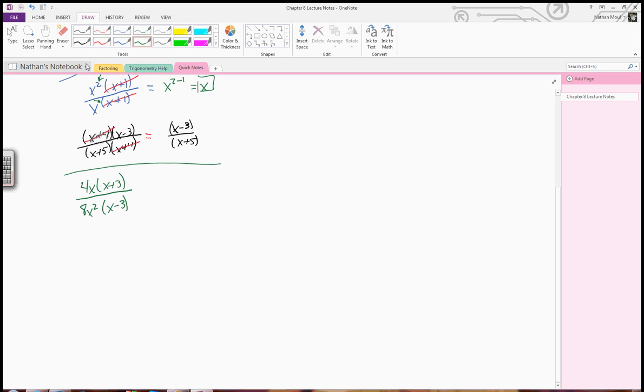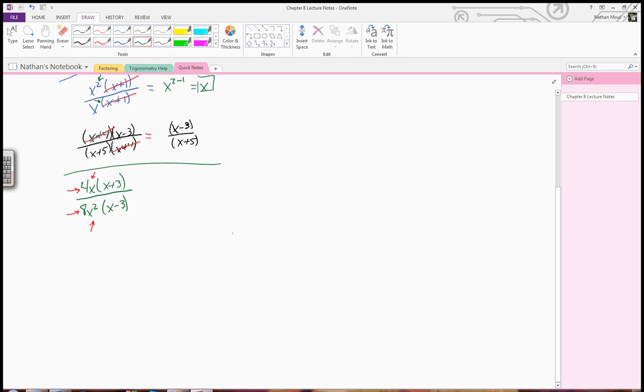Now, we need to look and see what we have going here. We have two even numbers, 4 and 8. And we also have two x's with two different powers, which we can do things with. The x plus 3, x minus 3, not much we can do with that, so we'll just leave it alone for now.